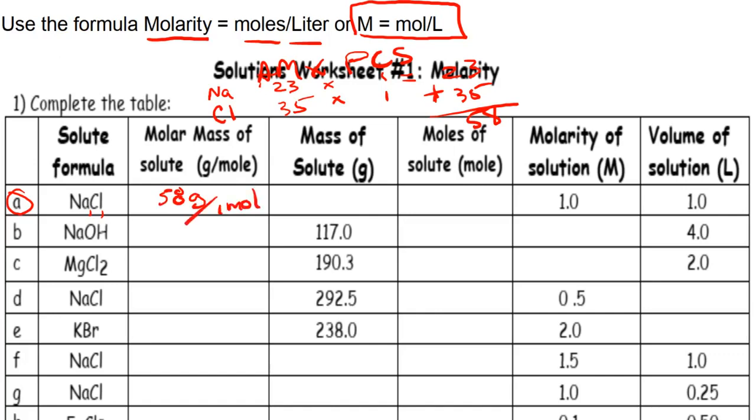So the mass of the solute is going to be, if your molarity is 1, you first need to figure out the moles of solute. So you take the molarity, which is 1, which equals your moles over your volume, which is 1.